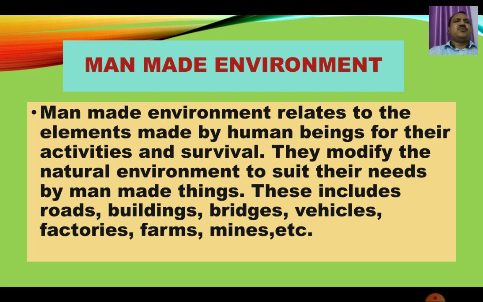The man-made environment relates to the elements made by human beings for their activities and survival. Human beings modify the natural environment to suit their needs with man-made things. This includes roads, bridges, buildings, vehicles, factories, farms, mines, etc. Because of the needs of the people, they change our natural environment and add pollution to it, and that affects our environment.